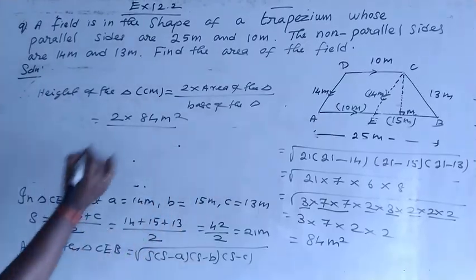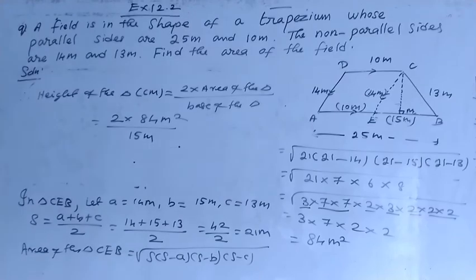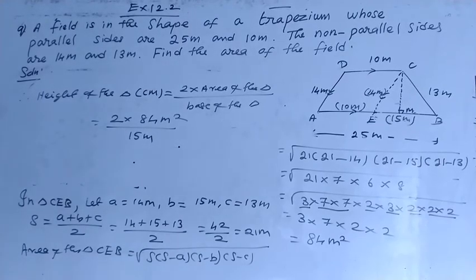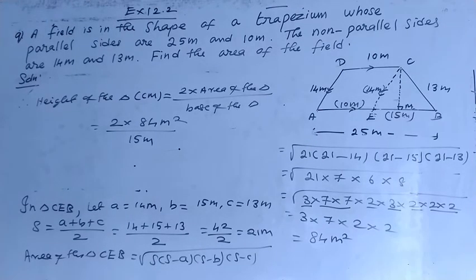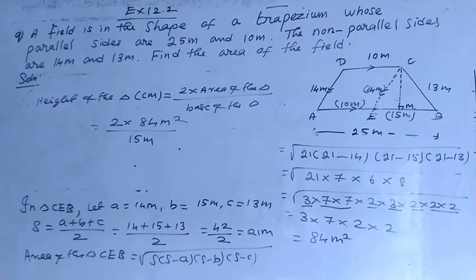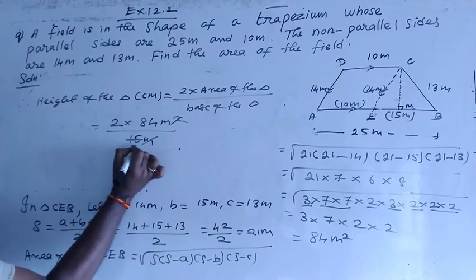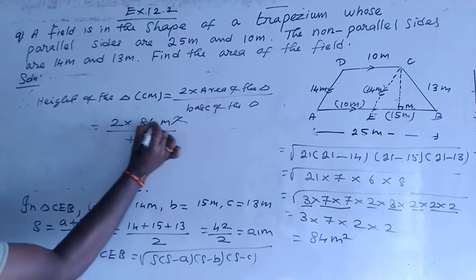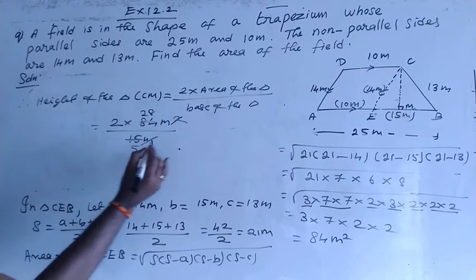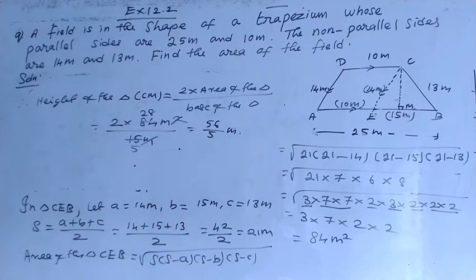It is 15 meters. So meter cut off. So it is 3. 3 5s are, 3 2s are 6, 3 8s are 24. It becomes 56 by 5 meter. This is the height of the triangle.